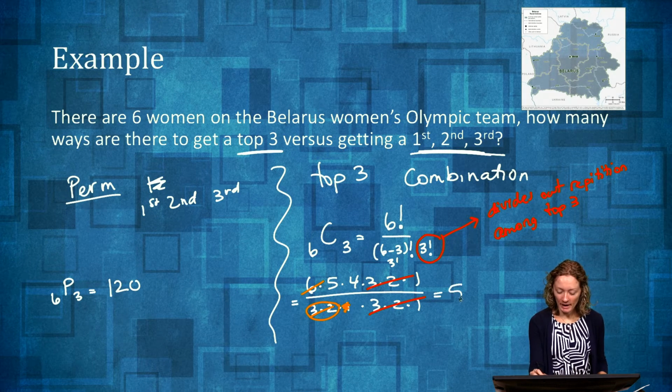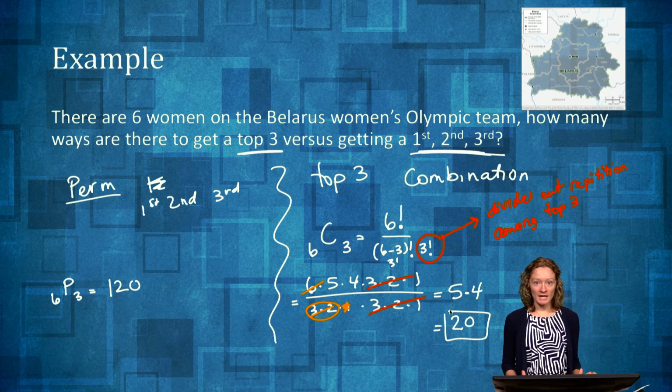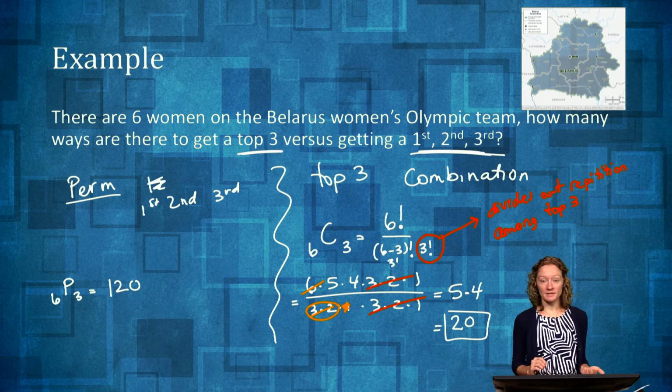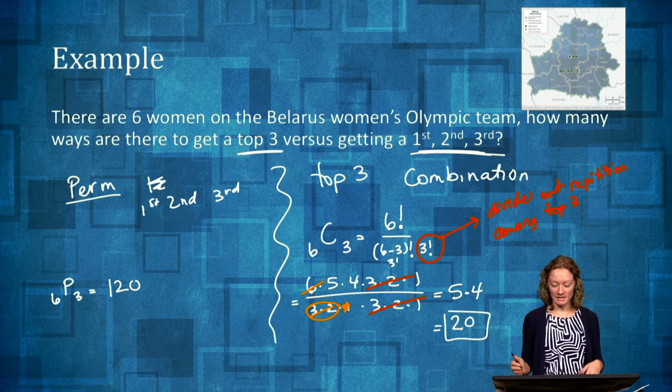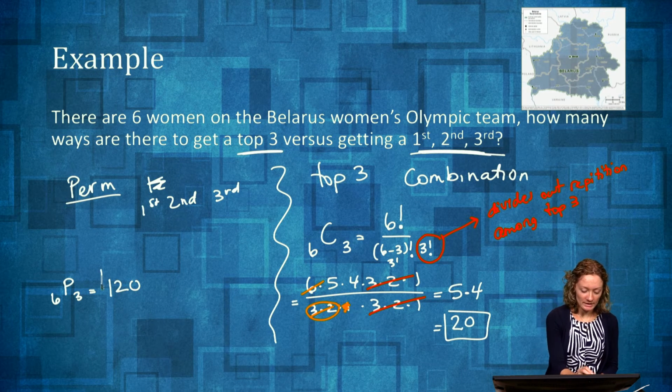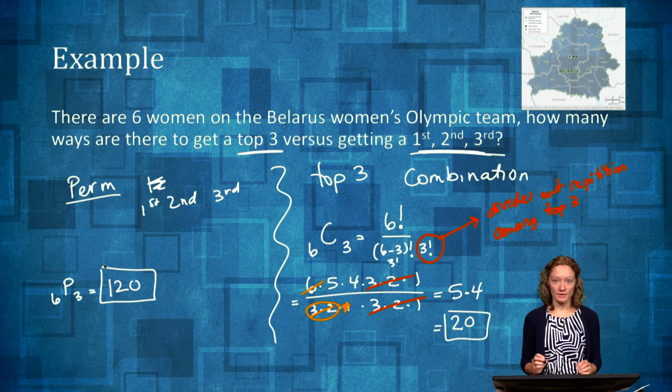This is just me doing it by hand. You do not have to do it this way. So there are 20 ways to get a top 3 from 6 gymnasts on an Olympic team, and there are 120 ways to get a first, second, third from 6 gymnasts on an Olympic team.